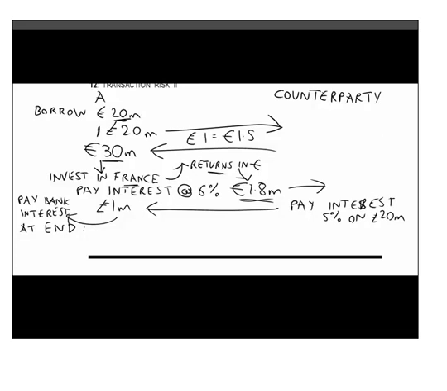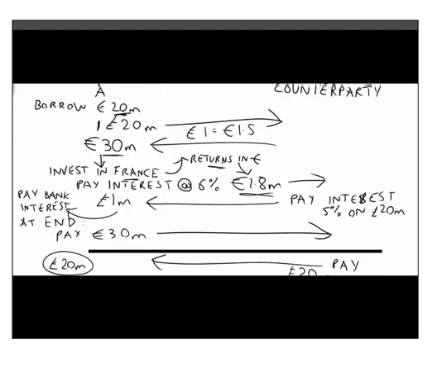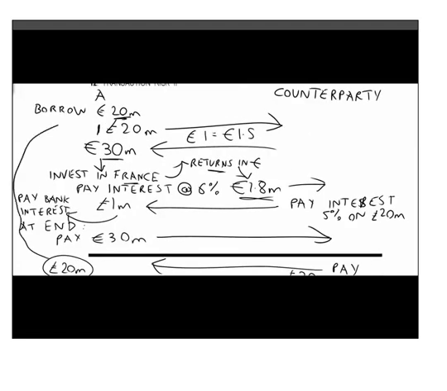So at the end of the 10 years, A will pay the 30 million euros back to the counterparty, and the counterparty will pay the 20 million pounds back to A. So A now has their 20 million pounds back. What are they going to do with it? They are going to use it to repay their bank the original amount they owed. So they can repay their bank, and in the meantime they've been able to service their debt out of the earnings of their overseas operation.